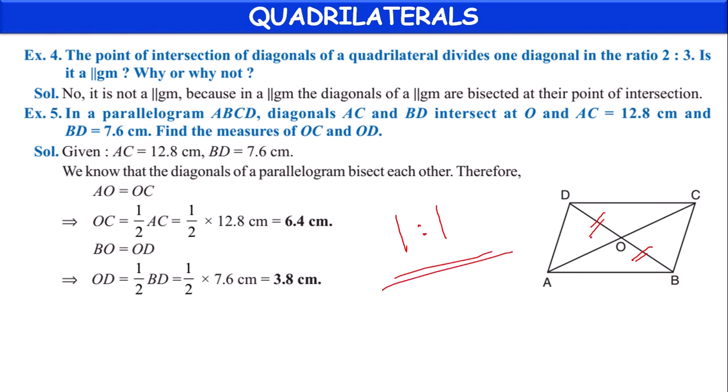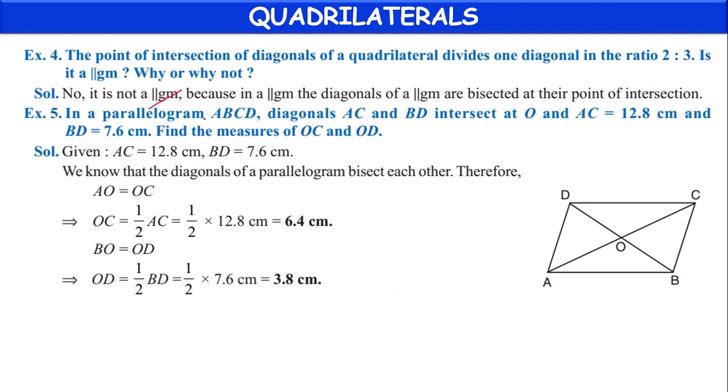Then it will be a parallelogram. But they have given 2:3. So this is not a parallelogram, because the parts of the diagonals are not equal.